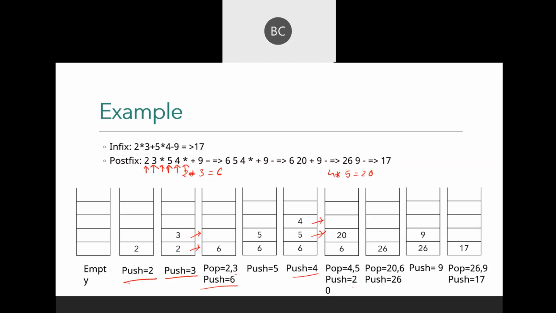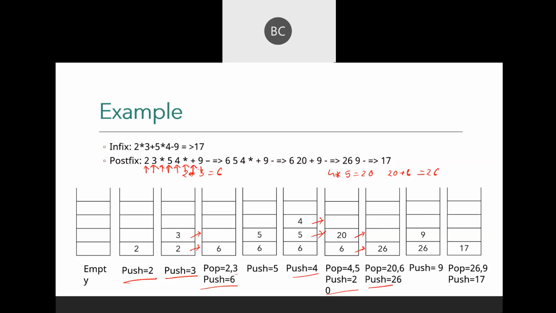Pop 4 and 5, push 20. Next you have a plus sign, which means you pop out 20 and 6. 20 plus 6 is 26, and the result 26 will be pushed onto the stack again.